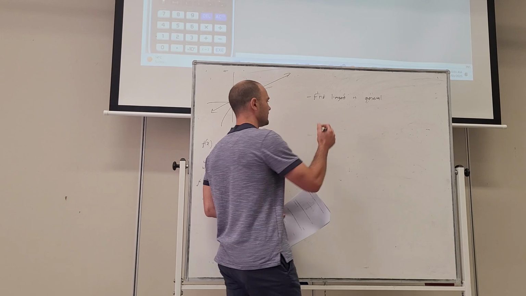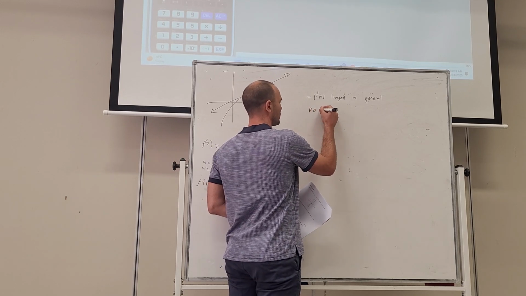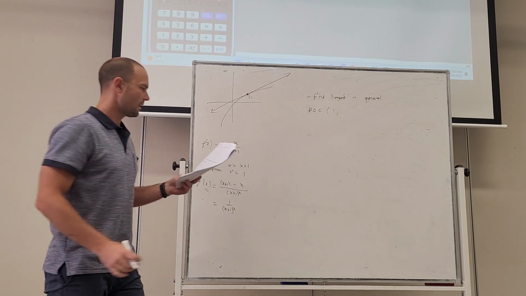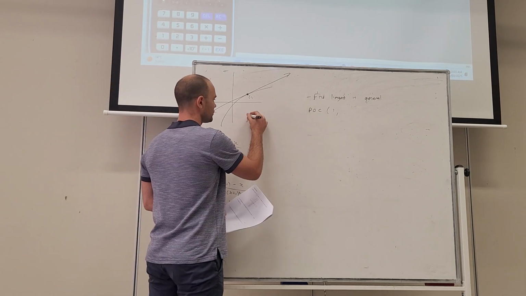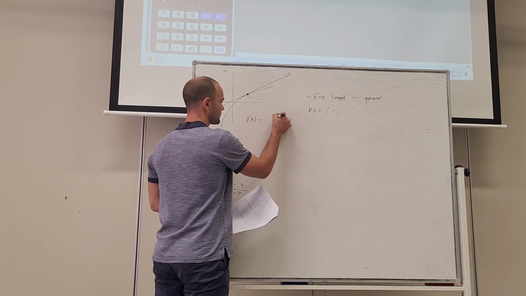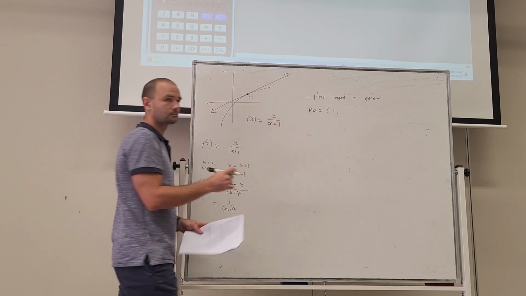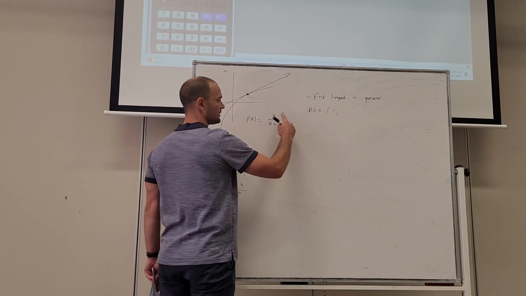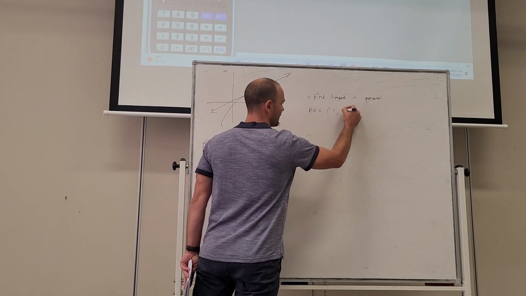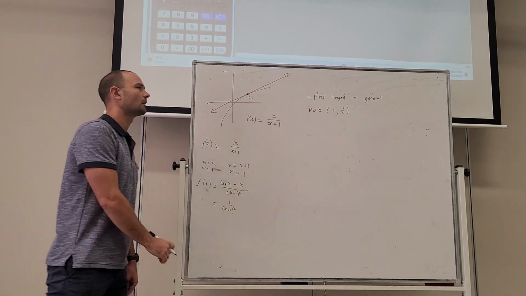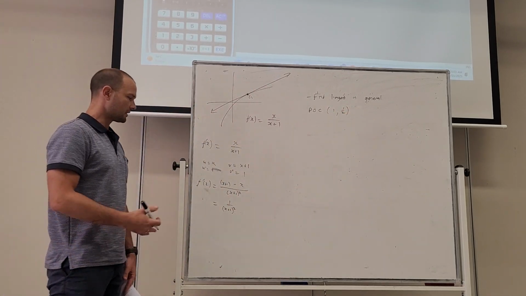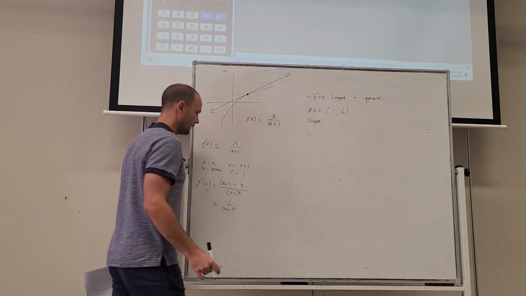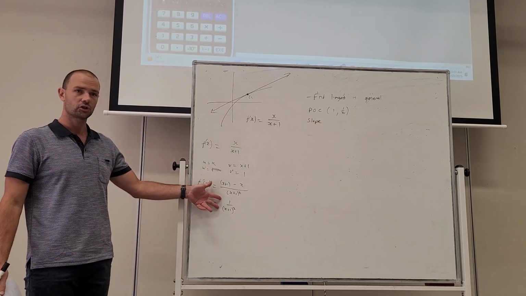So for a tangent, we need 2 things. We need the point of contact. We have x is 1. And the y value, well, the function is x on top of x plus 1. So if we put the number x is 1 into this equation, we have the y value is half. And then we need the slope. Well, this is our slope function.